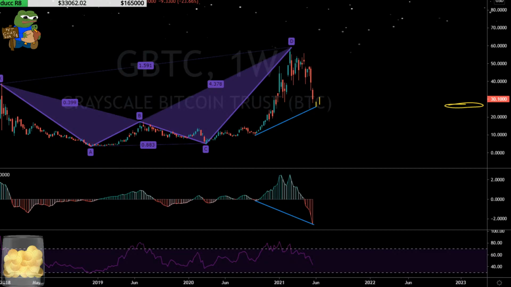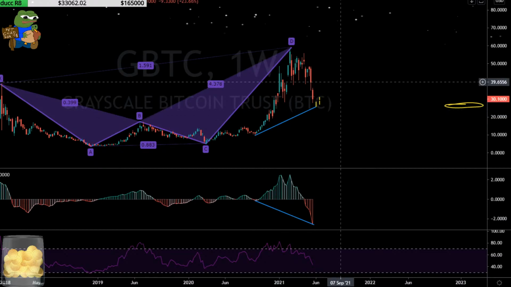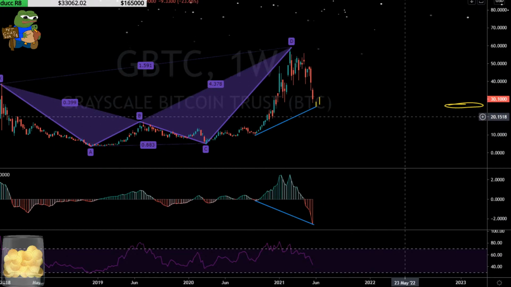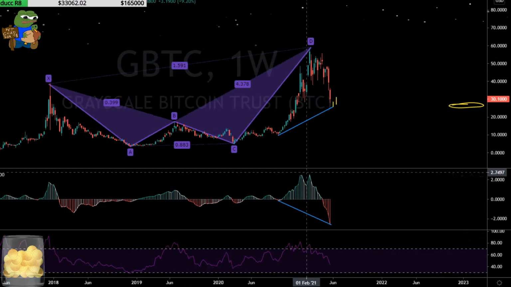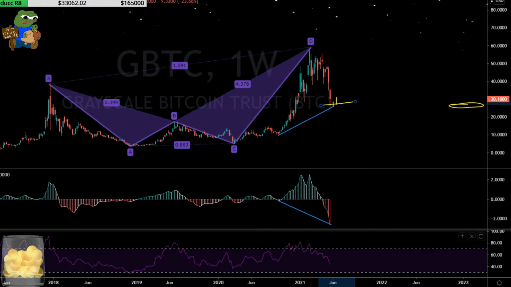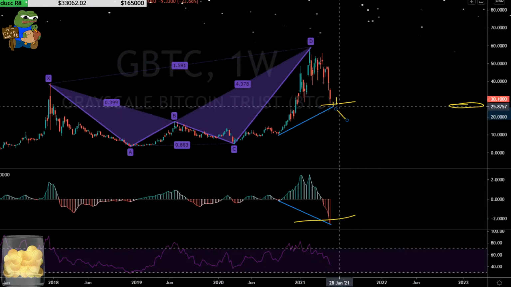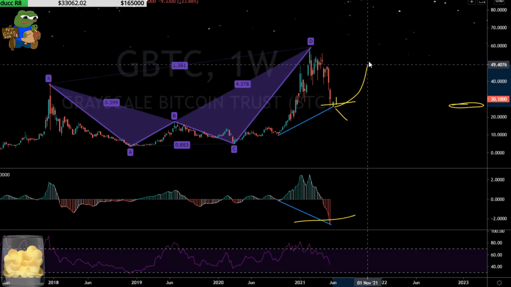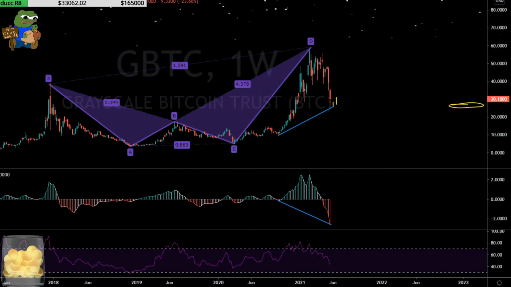Put it this way, time and time again have I disrespected this hidden divergence and thought it was going to go down, and I've seen this develop before.